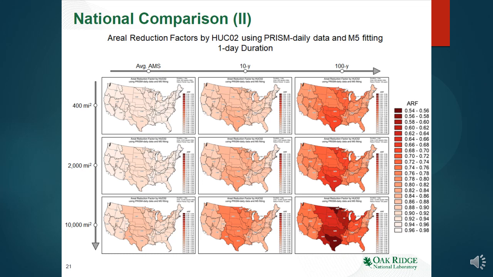So you can see in general, there is a greater and greater reduction as you increase the watershed size, and a greater reduction as you increase the peak point rainfall amounts. And interestingly enough, Texas has the most severe reduction for the largest areas.